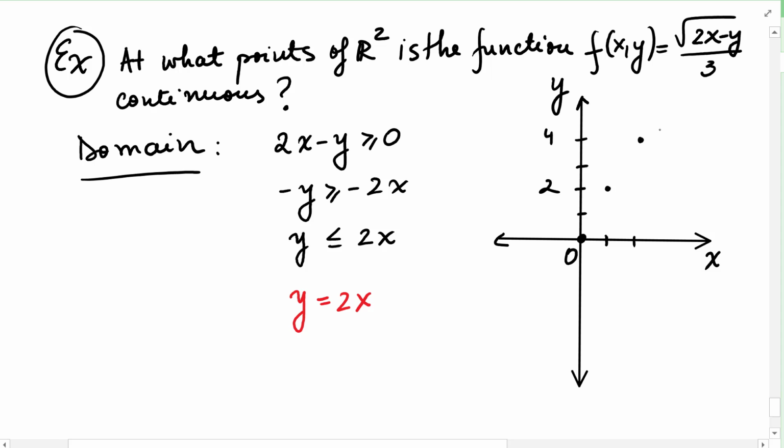So we would have a line like this. This would be y equals 2x, but y less than or equal to 2x would mean the region under the line.